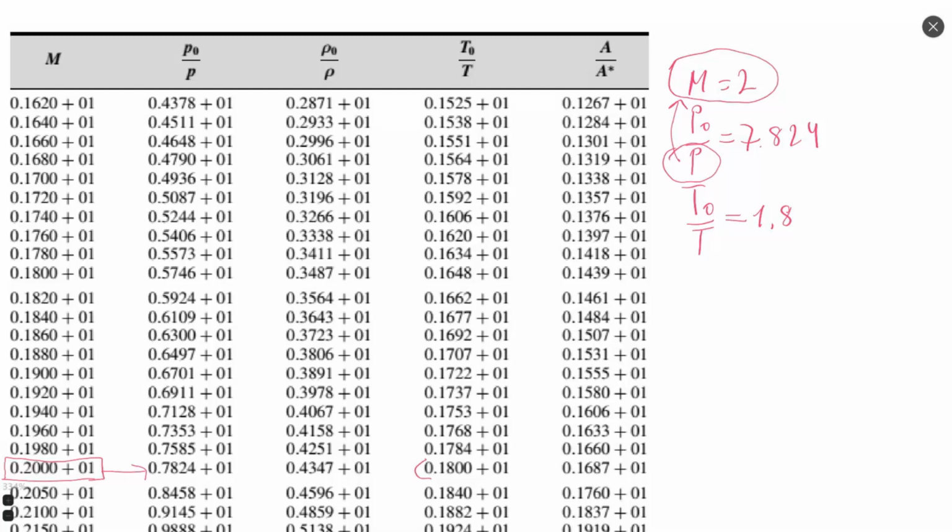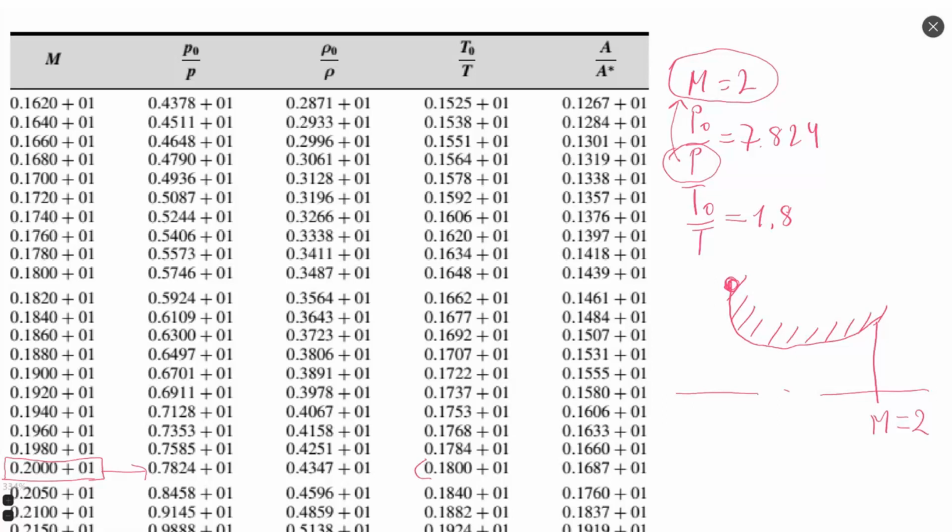Same for temperature. Okay, let's have another picture, something like this. A nozzle. I like to draw a nozzle. It represents isentropic flow very nicely. Stagnation point somewhere here, right? And Mach 2 somewhere here in the supersonic section.